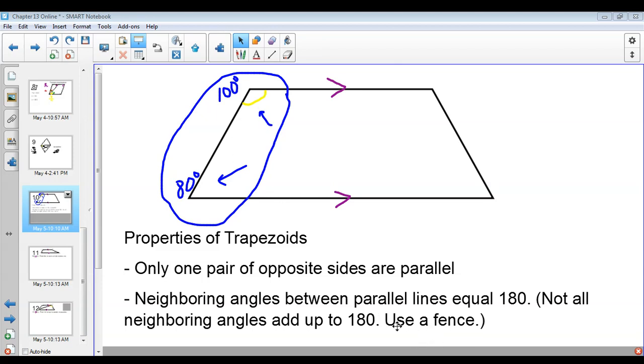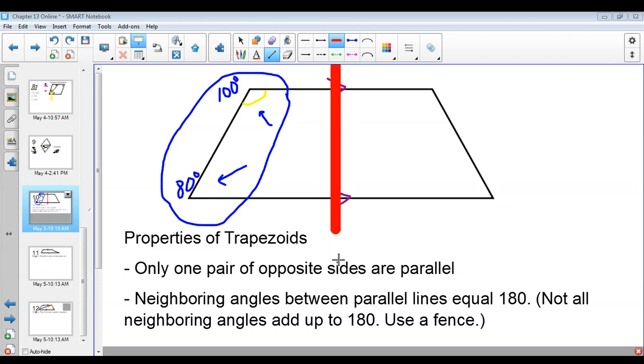And over here, I use a hint called the fence method. What I will sometimes do on my trapezoids is draw a line through the parallel sides. So I have my parallel symbols up here, which I draw on my trapezoids a lot. Then I draw a line to cut my trapezoid in half. What that forces me to do is say, okay, the two angles on this side of that line equal 180.